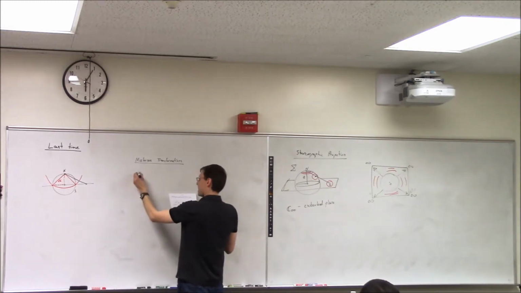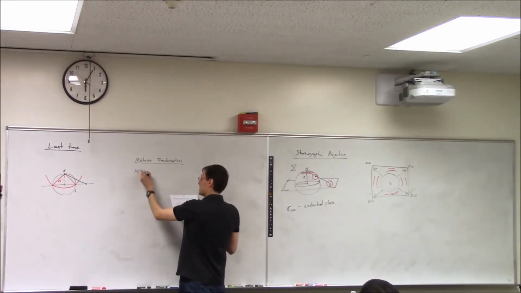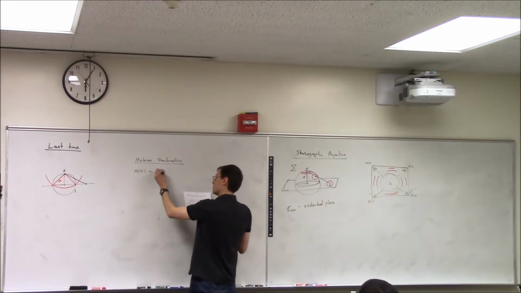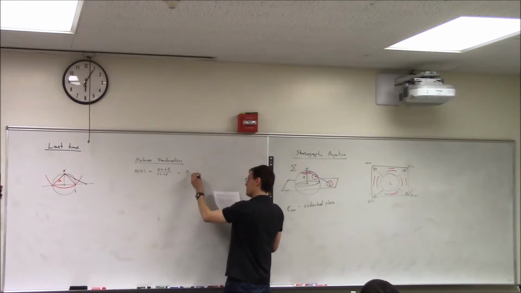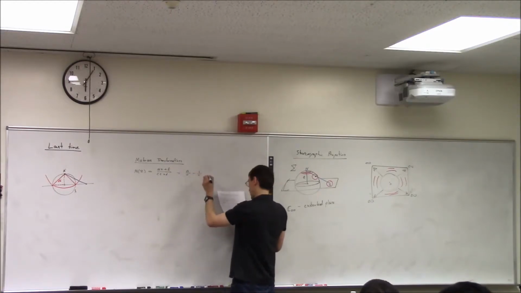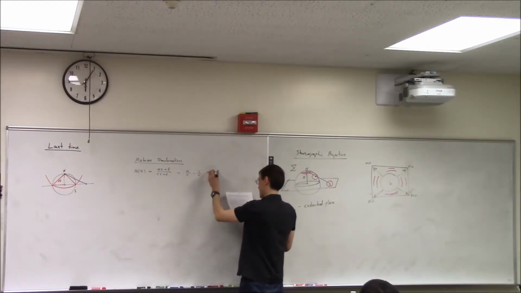Again, remember what we did: we said that m of z is equal to az plus b over cz plus d, which if you break it apart, is a over c minus 1 over c times ad minus bc over cz plus d.